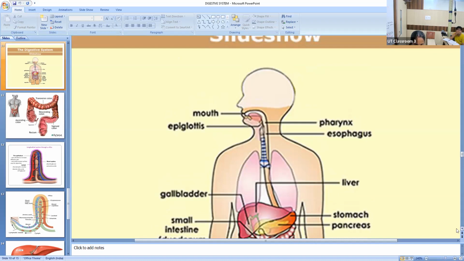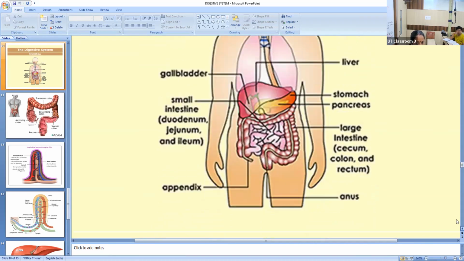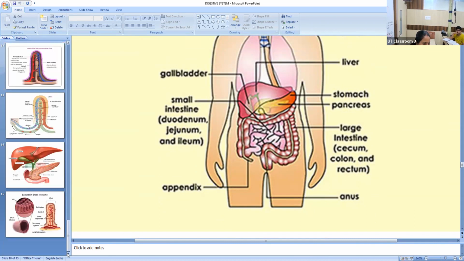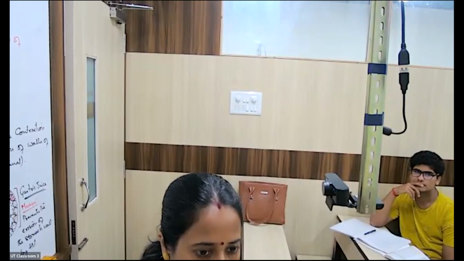See here, at least it gives you a fair idea about this. When I'm talking about the large intestine, the small intestine, this small intestine, let me open the other. Give me a minute.